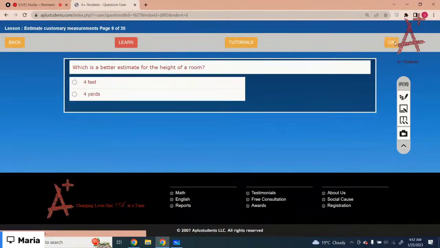Got it? Okay, which is the better estimate for the height of a room? 4 feet or 4 yards? Which is the correct option?